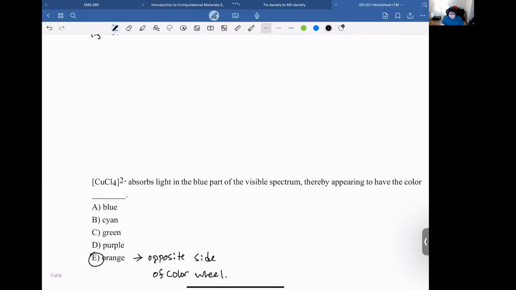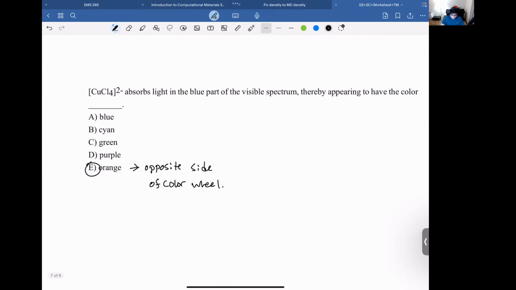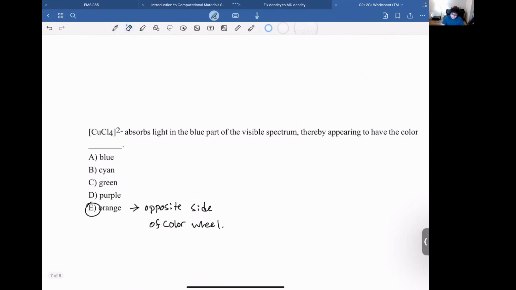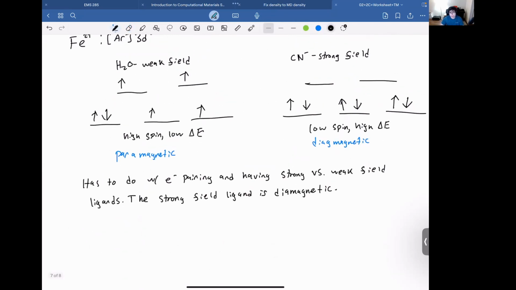And that's it. Oops, I forgot to erase this one. Basically, the strong field ligands force the electrons to pair before moving on to the next energy orbital. Because they're forced to pair, you're not spreading them all out where you get these unpaired electrons.